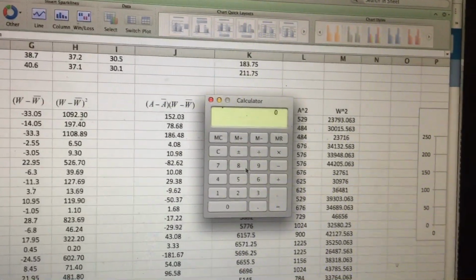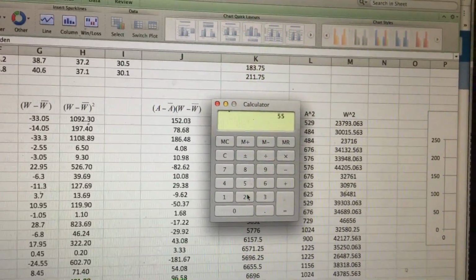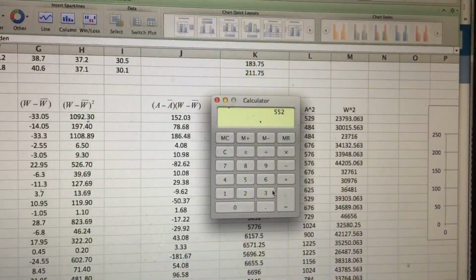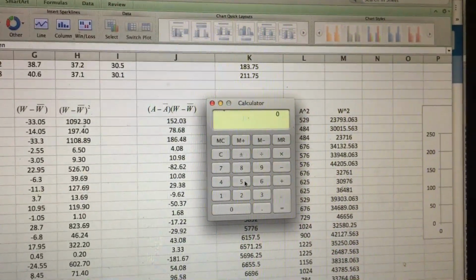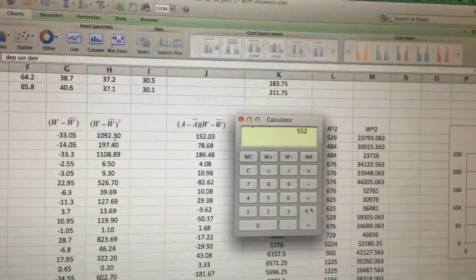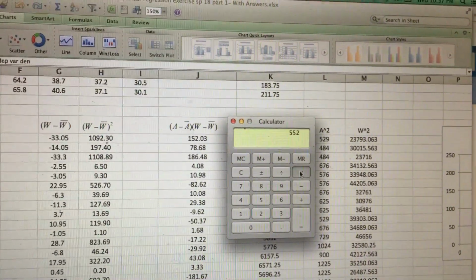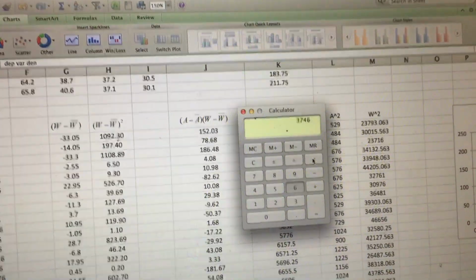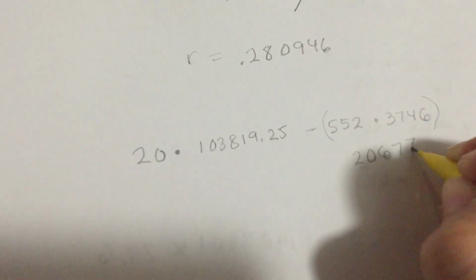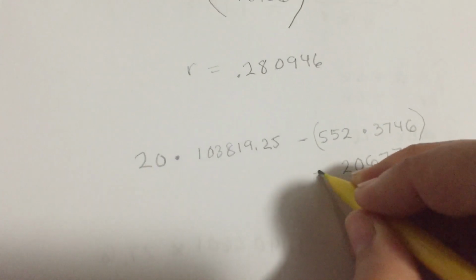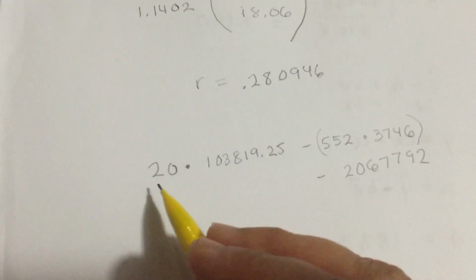We are going to take out our calculator, and I'm going to do 552 times 3746. And that is going to come out to 2067792. And let's take that 20 times this number here.